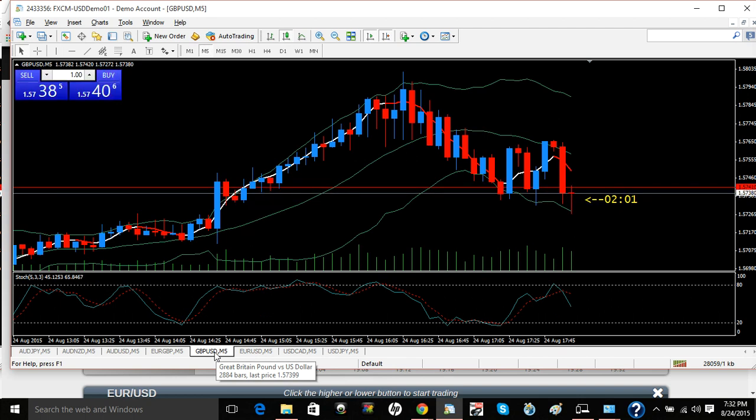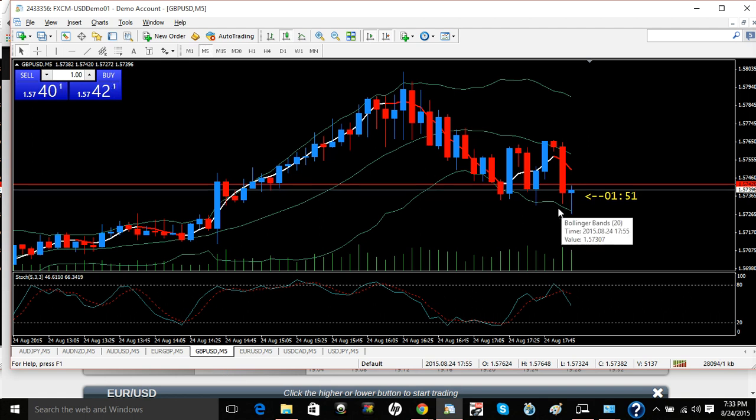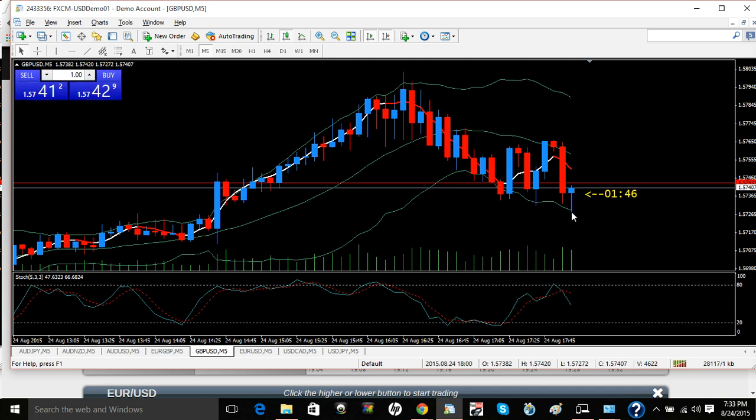Pound USD, same thing. This candle here is shooting out of the Bollinger Band. The previous one had touched it, but your stochastic is shooting down. Candle's starting to shoot up a little bit, and your slope line, direction line is pointing down.